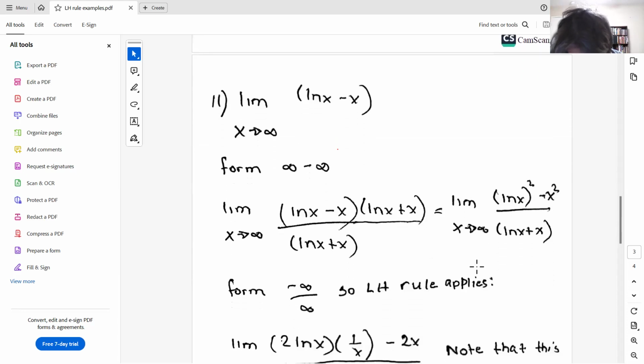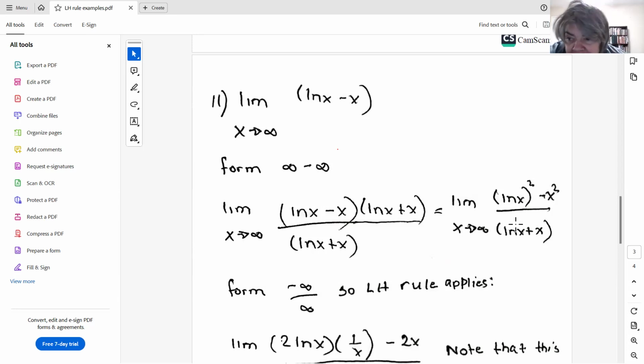Now, here I have infinity minus infinity. And you might be thinking, okay, what do we do now? But ln of x quantity squared is going to approach infinity, yes, but it's going to approach infinity much slower. If you think about the way that ln of x looks, it is very flat, especially going toward positive infinity.